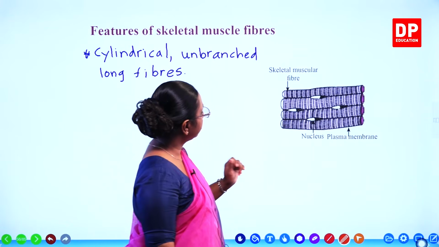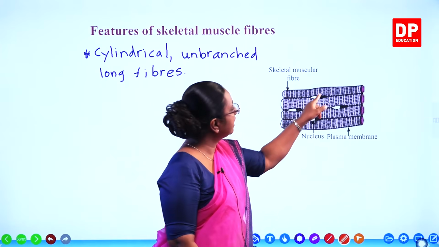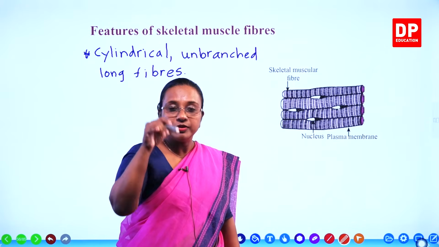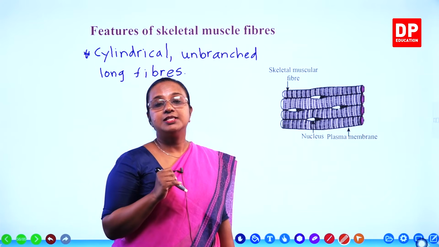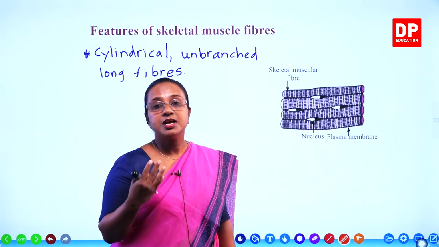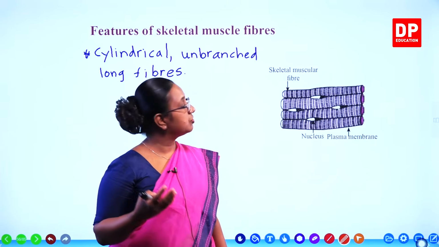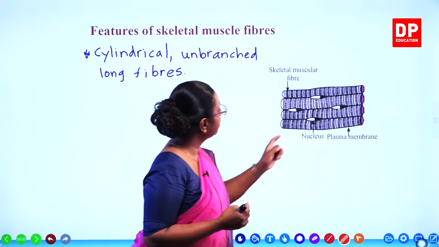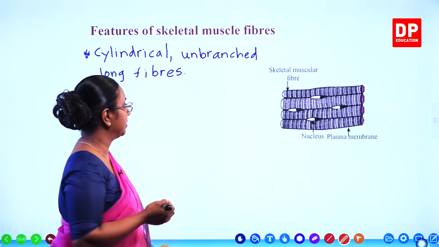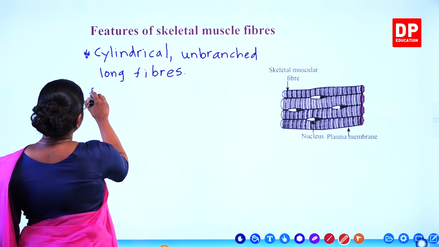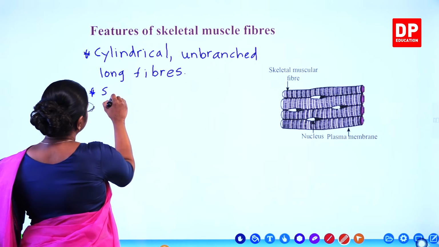Then you can see that there are many lines which are going across the fibers. Those lines are known as cross striations. So there are striations present in these skeletal muscle fibers.